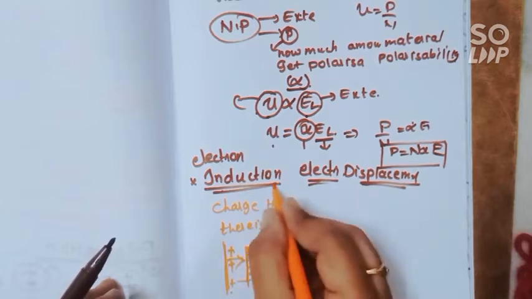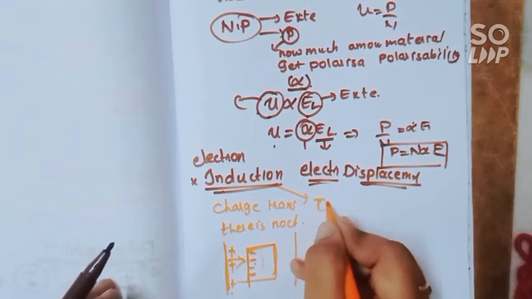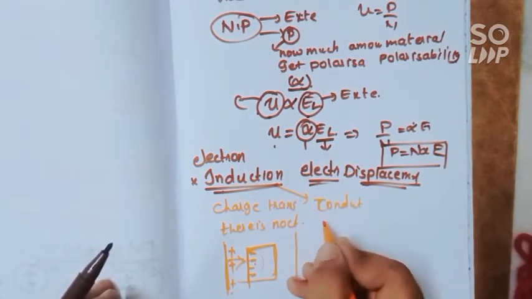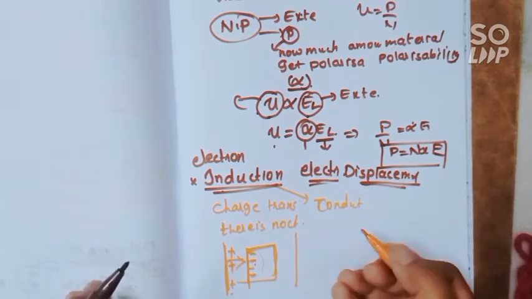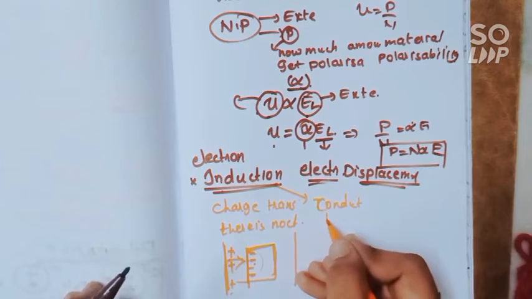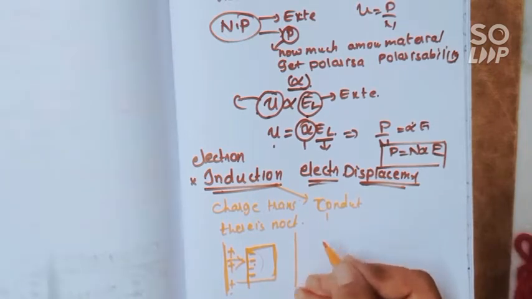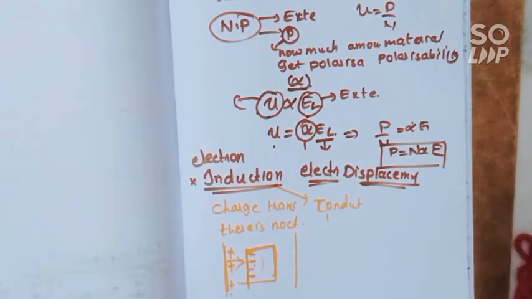When we see induction, we also need to know about conduction. Conduction is a process by touching or rubbing, where some material gets electrified by rubbing one material with another, and electricity is produced in them.